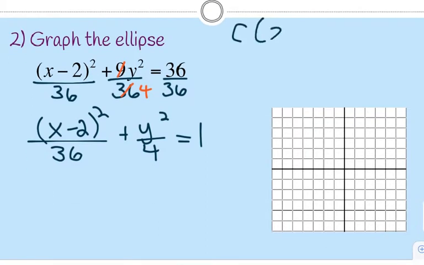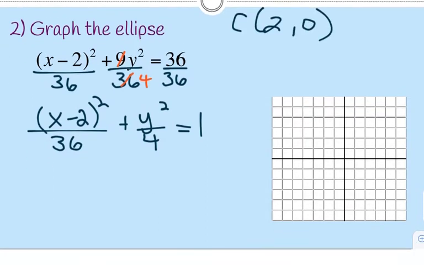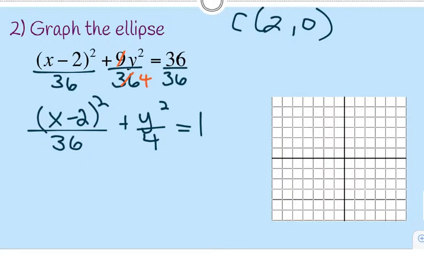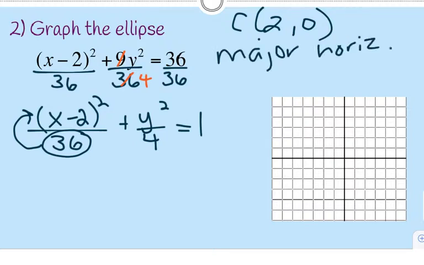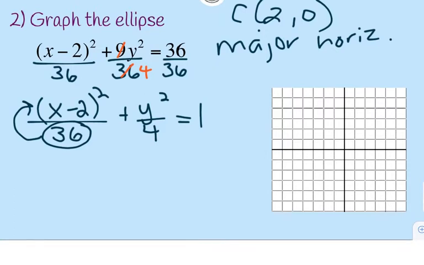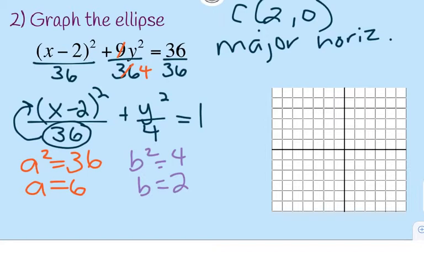So my center is 2, 0. The a squared is again underneath the x, so I know my major axis is the horizontal axis. A squared is 36, which means a is 6. B squared is 4, which means b is 2.